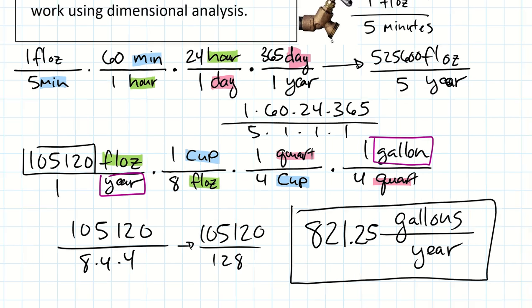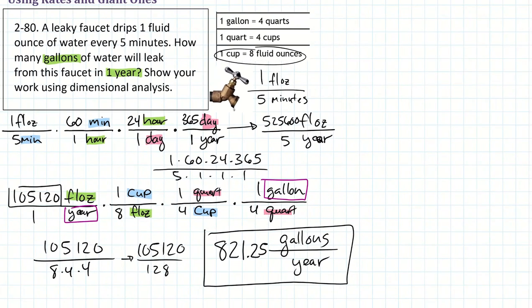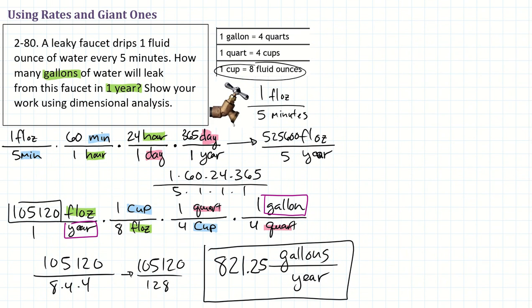So again, with this process, the nice thing was I didn't have to think about when do I divide, when do I multiply. I just set it up so that the units canceled, and when I did that, it told me what to do, right? I could see in the numerator and denominator how things would be eliminated.